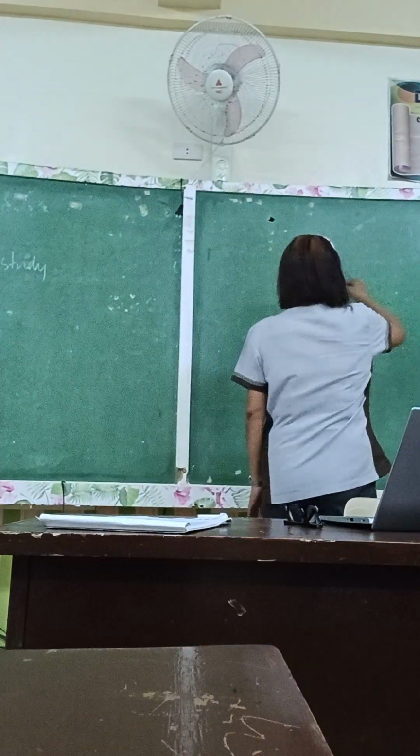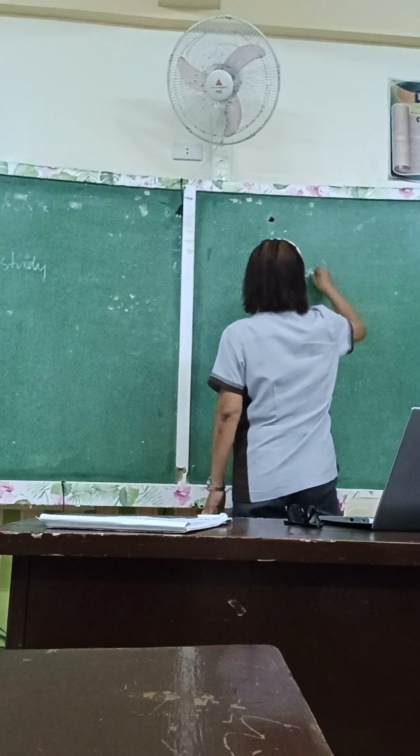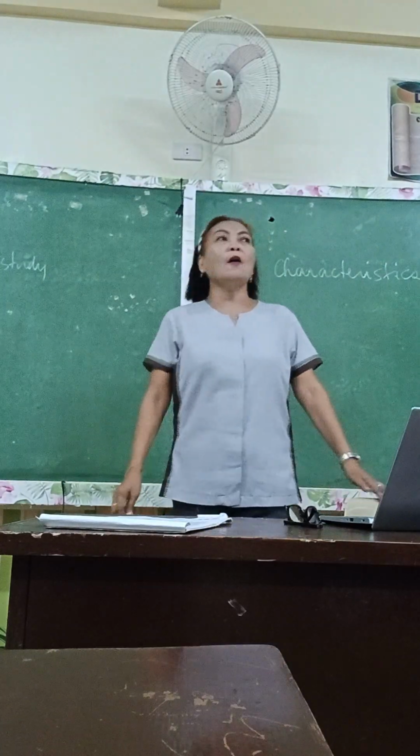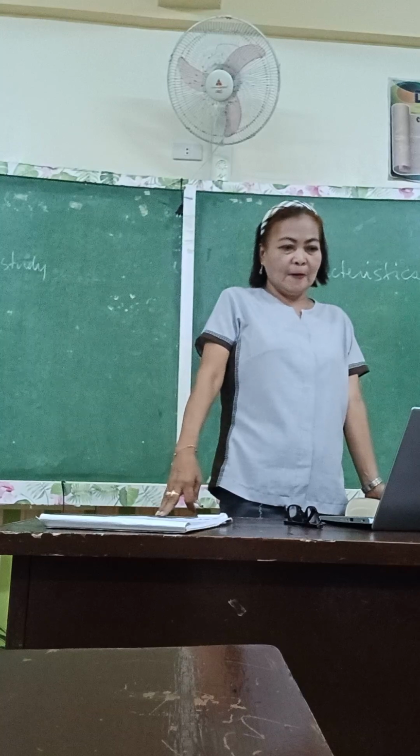Okay, now let's proceed to the characteristics. What are the characteristics of an effective paper? I have to write. What are the characteristics of an effective title when it comes to academic research?